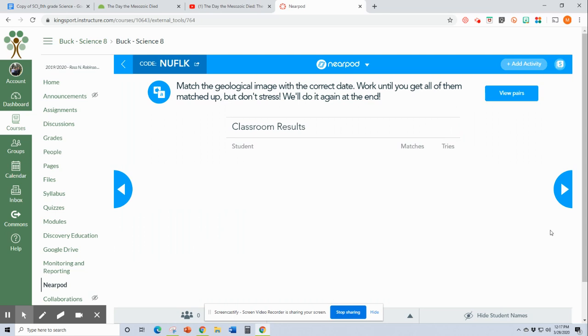All right, so the very first thing that you're going to see on your screen, remember yours will look a little bit different, is a little matching game. And don't worry about it. We want you to just try it a couple of times, see how you do. You're going to see a bunch of different pictures. There's some pictures of an early human.